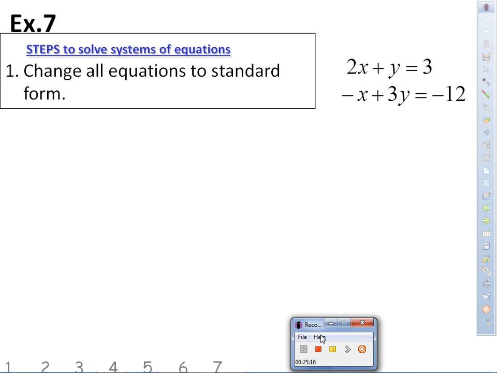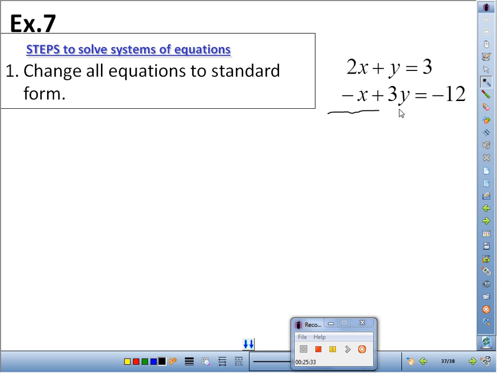Okay, so check this out. Pens down, eyes up here. Who notices now that none of the variables have the same coefficients? They're both in standard form. It's already changed to standard form. So if I was to go to the next step, I needed to eliminate a variable, but they cannot eliminate. And you're saying, Mr. Q, well, this one needed to have what number here? A negative 3.